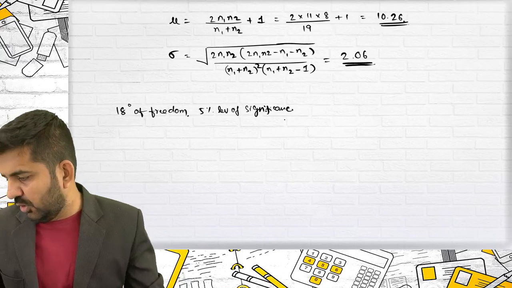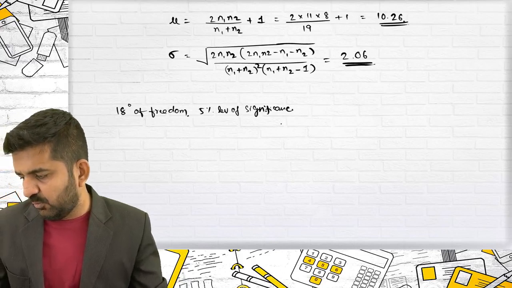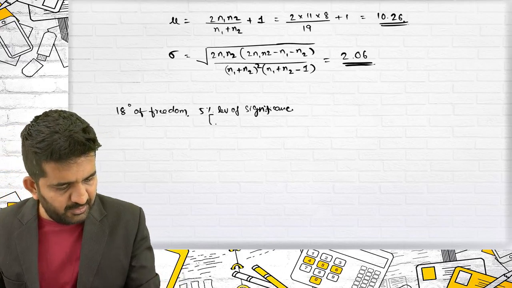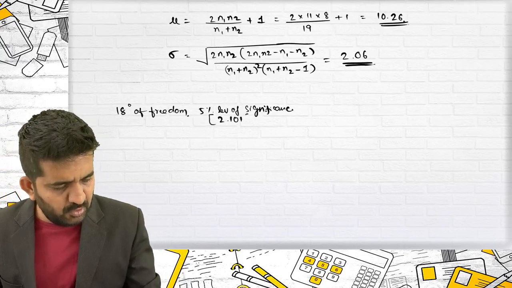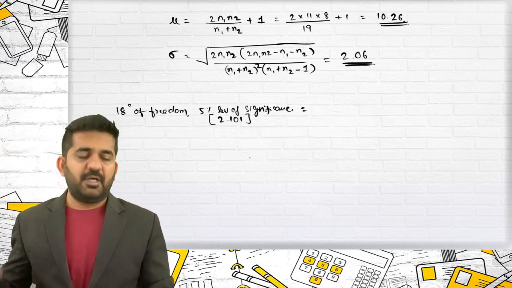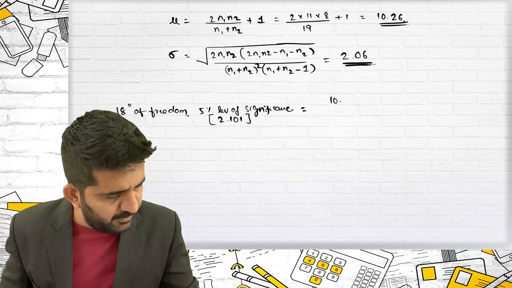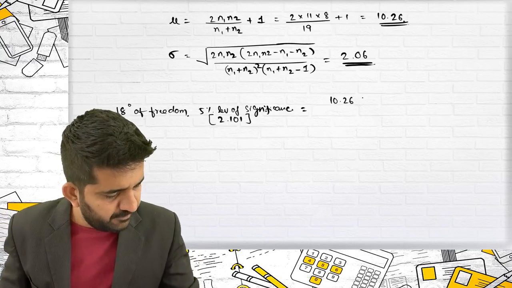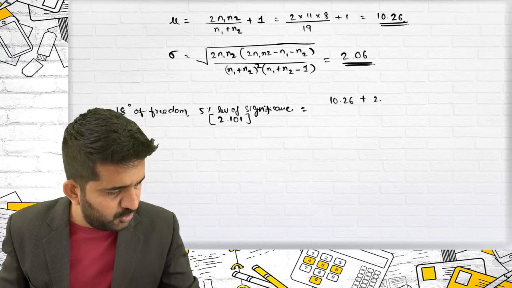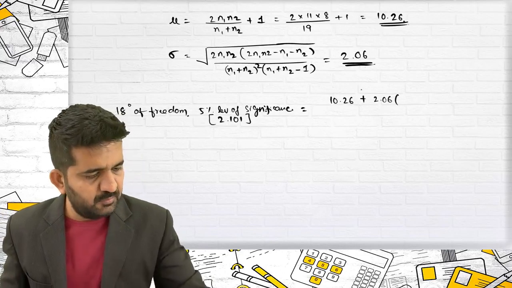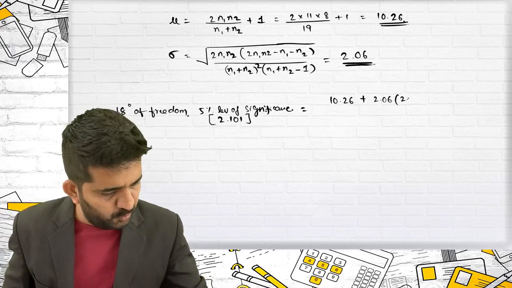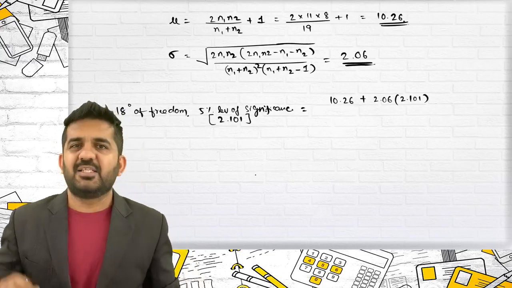The value for that is 2.101. How to find it out is very simple. Try to concentrate. First I will take 10.26 plus 2.06, which is my standard deviation, into 2.101. This is like Z for us.